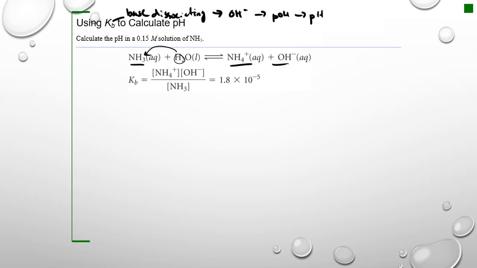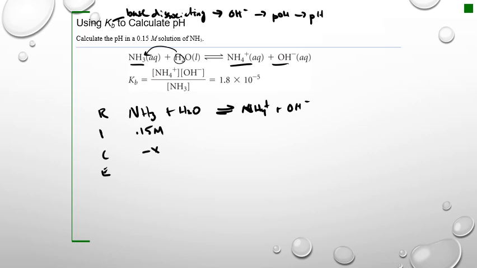So when we look at this one here, we would simply plug in our RICE table values. I have NH3 plus H2O forming NH4 plus OH minus. For my I value, I have 0.15 molar.